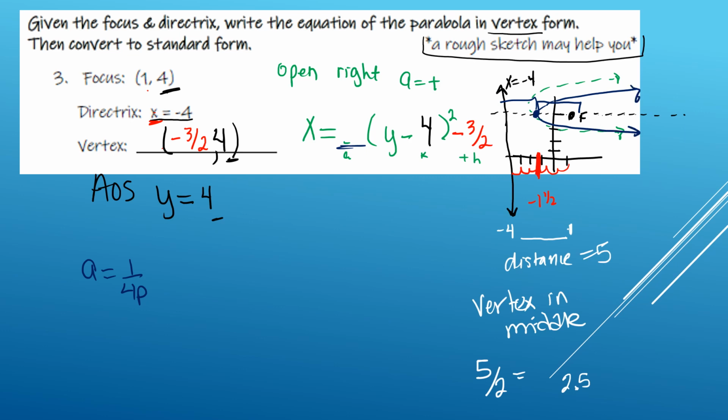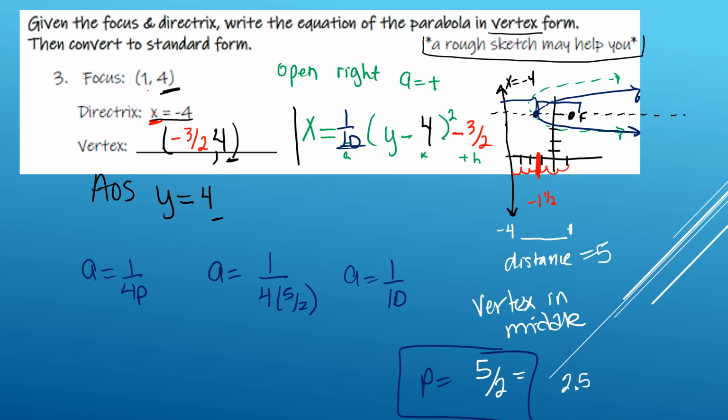I can go ahead and substitute that as my p-value. That's the distance traveled. So a is going to be 1/4 multiplied by 5/2. 4 times 5 is 20. 20 divided by 2 is 10. So a is 1/10. And you just put a 1/10 in the very front of your equation.